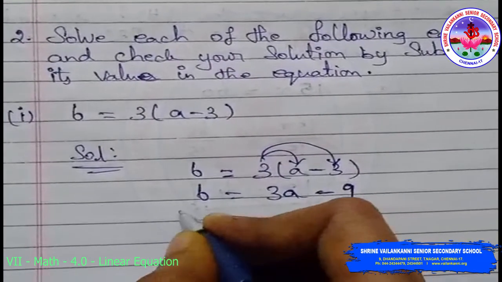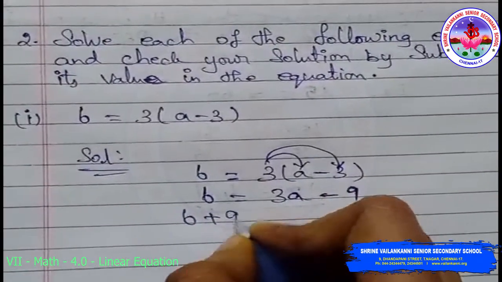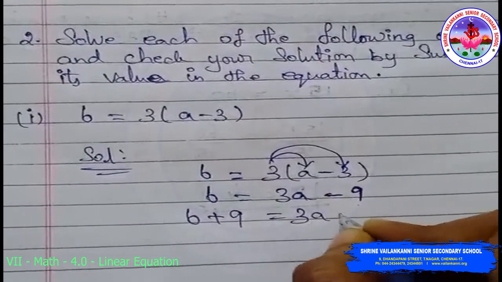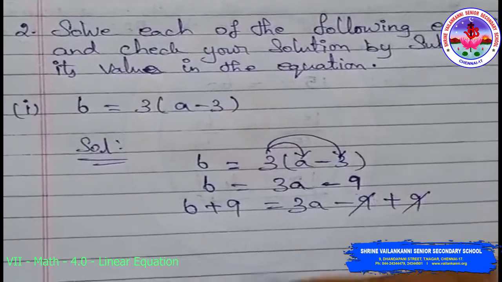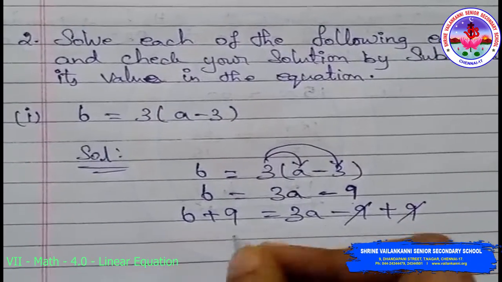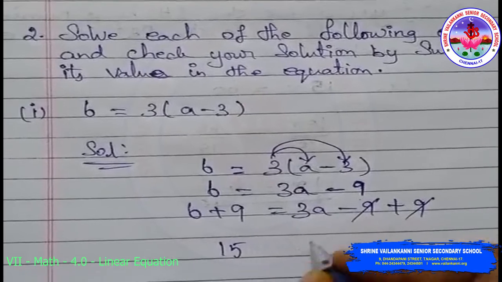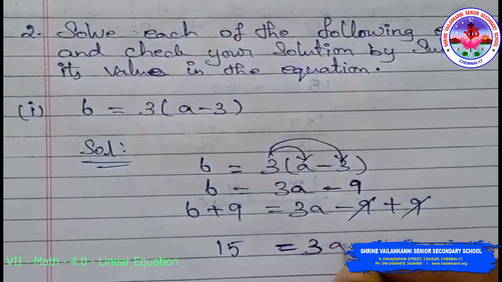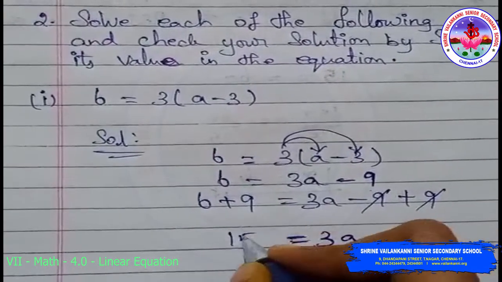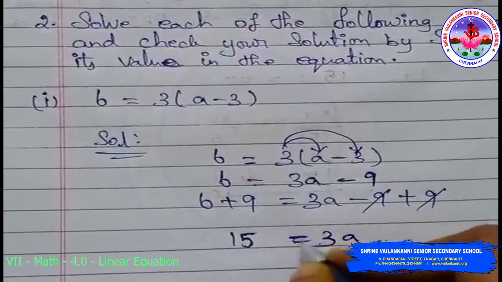So 6 plus 9 is equal to 3a minus 9 plus 9. 9 cancelled. 6 plus 9 is 15, equal to 3a. Here 3 into a. Now we want only the a value.